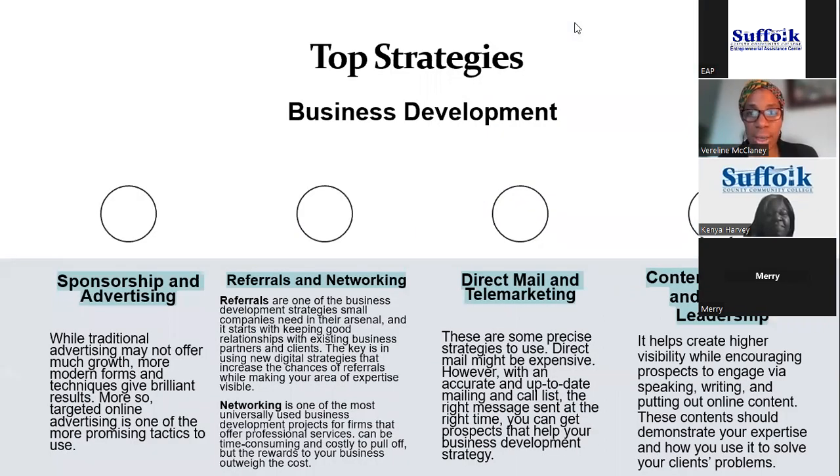Okay, so when we're looking at the four, with sponsorship and advertising, traditional advertising may not offer a lot of growth, but right now with technology, there are so many brilliant techniques that you can use in advertising and marketing. Targeting online campaigns, again, just like me, going online, Googling information about a flight, and now I'm having all of these sales and marketing materials coming out at me about different flights and different airlines.